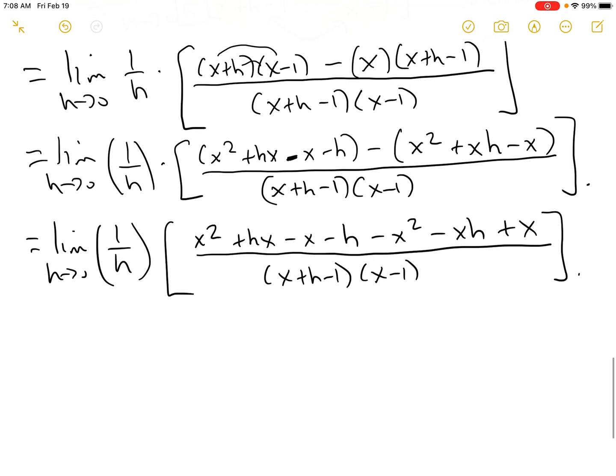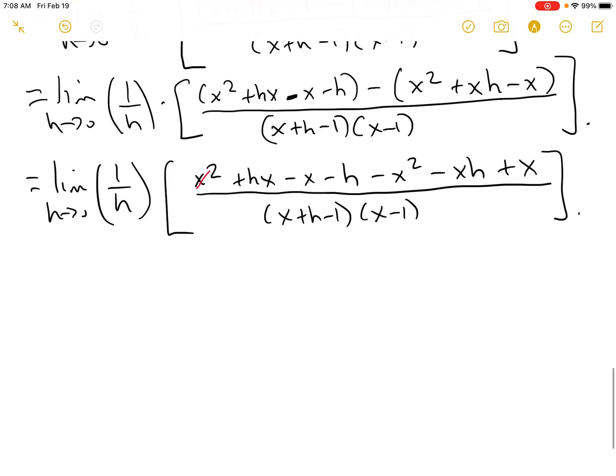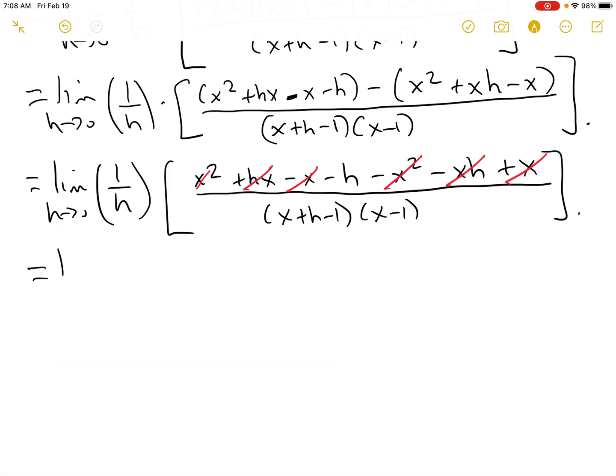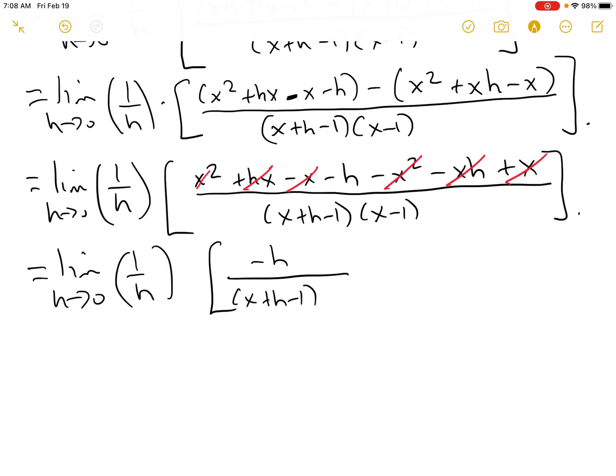Now for the destruction. x squared cancels with minus x squared. hx cancels with minus hx. x cancels with minus x, and all that's left is negative h. So all that survived was minus h over x plus h minus 1 times x minus 1.